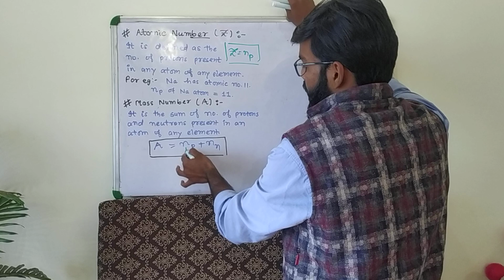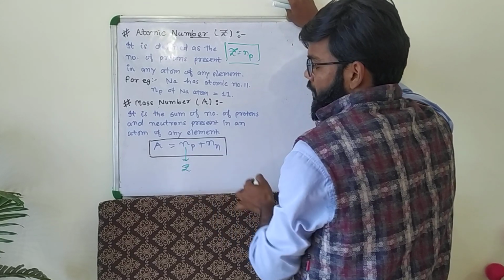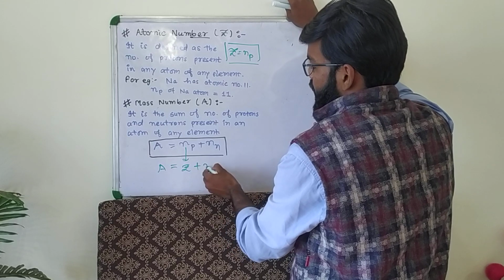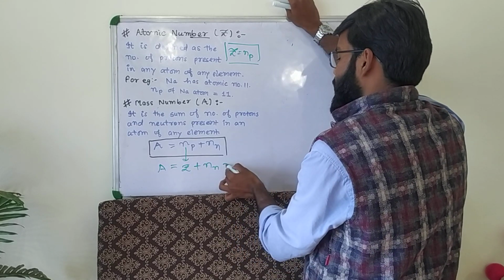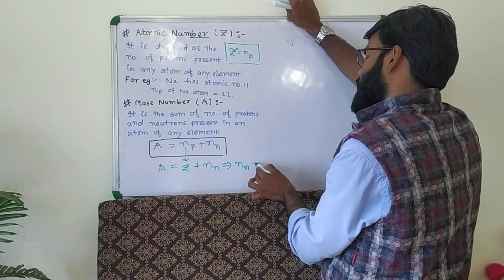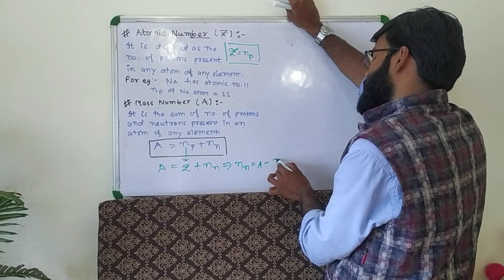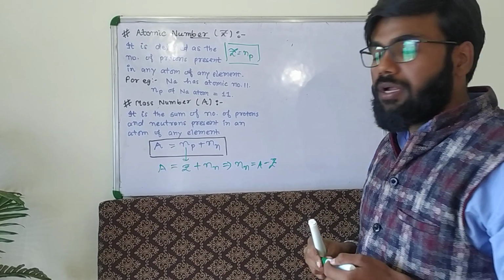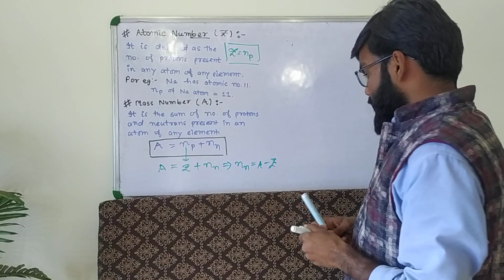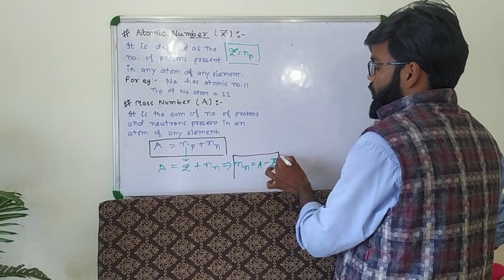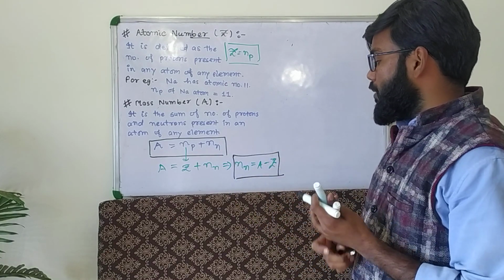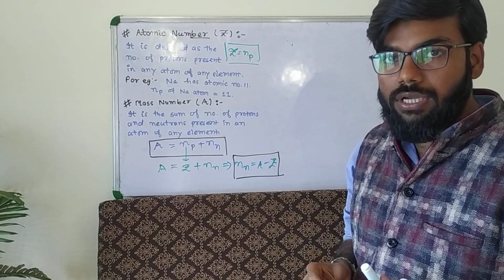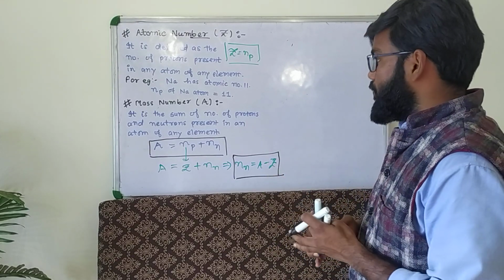So here Np is nothing but Z. So we can write A is equal to Z plus N. So here we can conclude that the number of neutrons in an atom is equal to A minus Z. This is one of the formulas we use for finding the number of neutrons: we have to subtract the atomic number from the mass number. Now come to our next terminology, that is nuclide symbol.